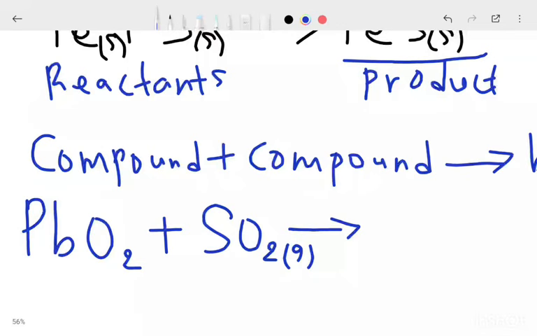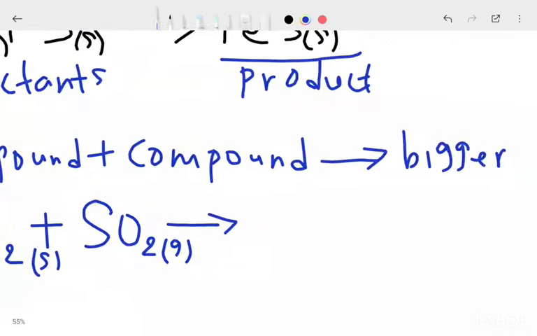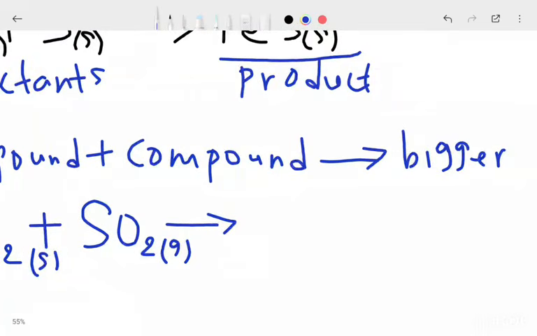Then this one is solid. So it will form lead.